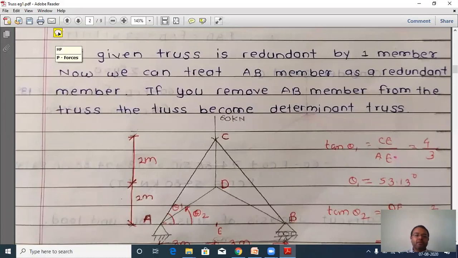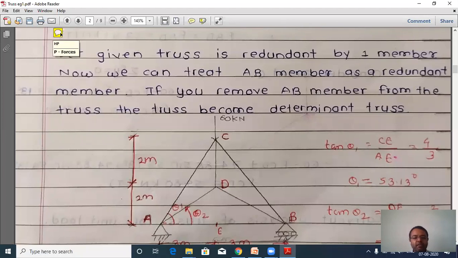So remember, for an indeterminate truss, you have to solve the given truss twice. First of all, we have to solve for P forces. Next, we have to solve for K forces. Now, what is meant by the P forces? Here we are going to start with the P forces.